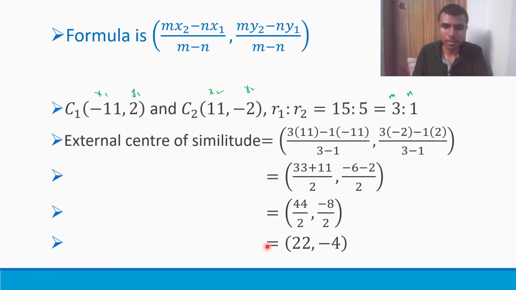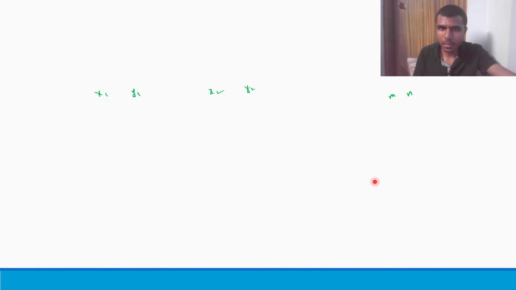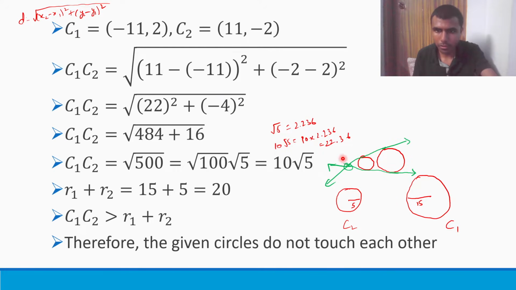This is that point. This point from which I drew tangents is 22 comma minus 4.